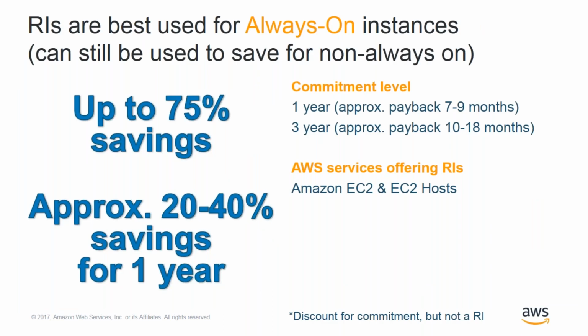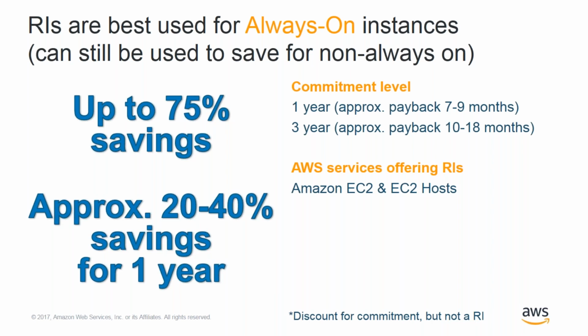So as mentioned, they're best used for always-on resources, but they can still be used to save money for not always-on. They save up to 75%, but typically, if you're going for a one-year commitment, they save in the order of 20 to 40%. The commitment level, there are two options. You can commit to 1 year or you can commit to 3 years. And they're available for a range of AWS services.